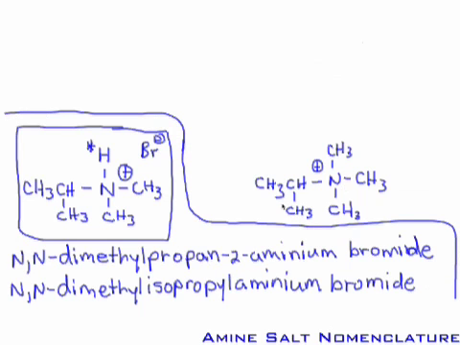How do we name the one that has 4 carbons, the quaternary ammonium salt? Well, it is typically named as an ammonium salt. And we would call it trimethylisopropyl.